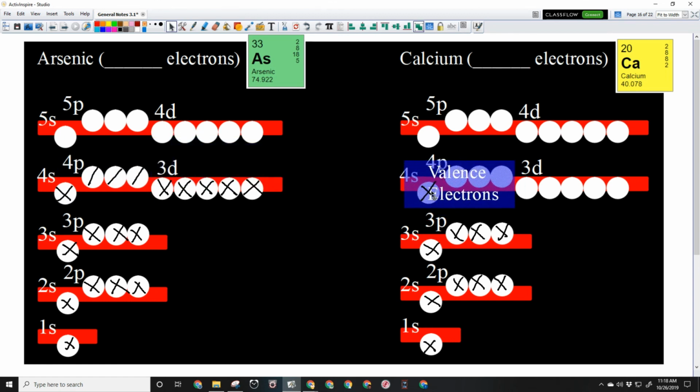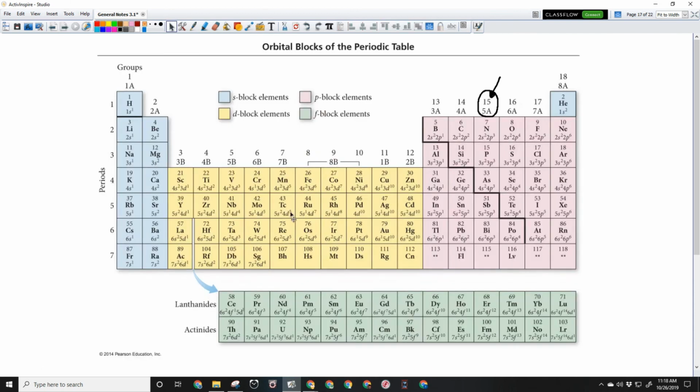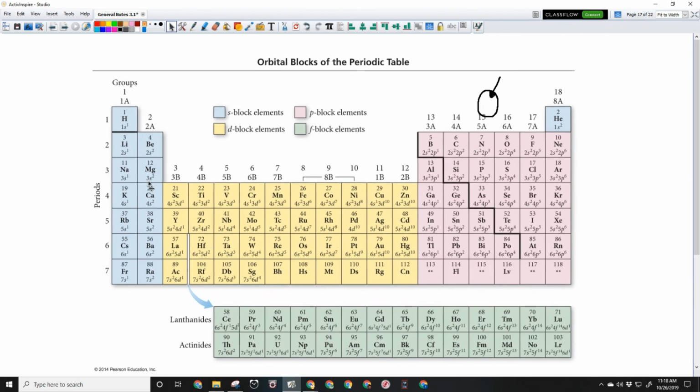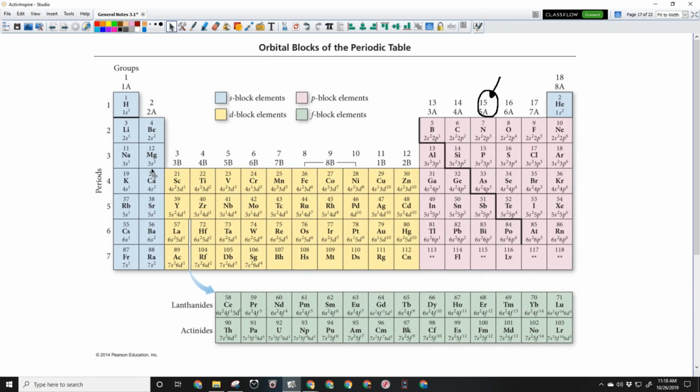So the S and P, we have 2 valence electrons. So here it indicates 2 valence electrons. Then if we look back at a periodic table, calcium's right here. Calcium is in the second group. Okay, 2 valence electrons.